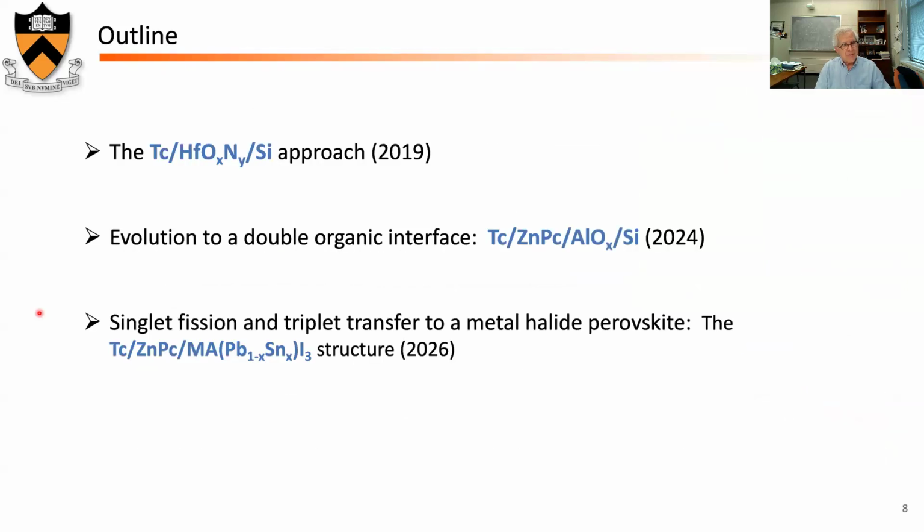So the talk will have three parts. A very short part on the work that we did with Baldo in 2019 on a tetracene hafnium oxynitride on silicon, and then the evolution of this work toward a double organic interface, tetracene zinc Pc silicon, which we published again with Baldo and the MIT group last year, and then finally the singlet fission and triplet transfer to a metal halide perovskite, and that is the structure here, which we just submitted a month or two ago.